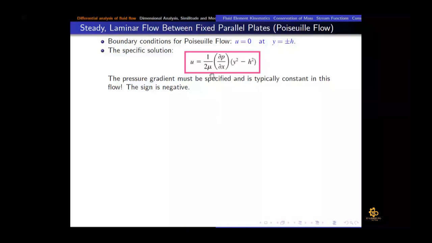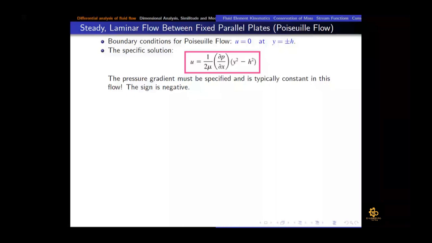This pressure gradient is usually negative, because we all know that fluid flow happens from high pressure to low pressure. That's why we put a pump when we need to flow water from one place to another, like from your underground storage tank to the overhead tank in your home. We create high pressure at the pump side, and because there is low pressure at the other side, the fluid flows.